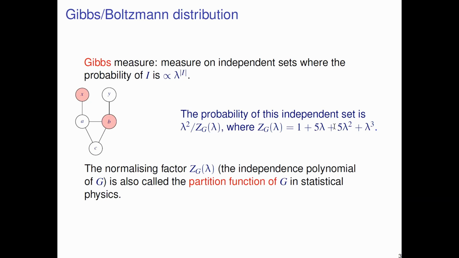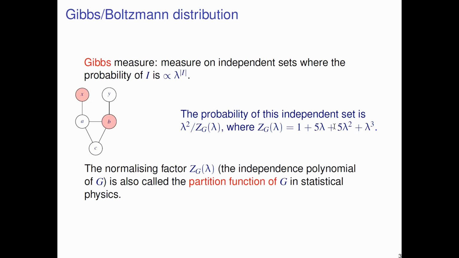The Gibbs measure, or for me the Boltzmann measure, is a measure on independent sets where the probability of a particular independent set is proportional to lambda to its size, so to its own weight: what it contributes to the polynomial. For example, in this little example, the picture I've drawn with these 2, the weight of this configuration is lambda squared.